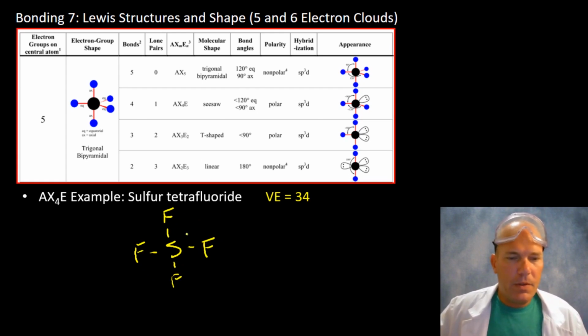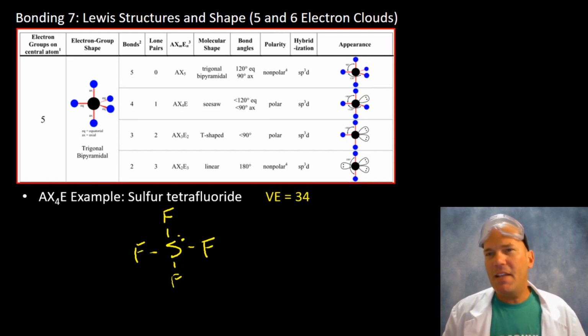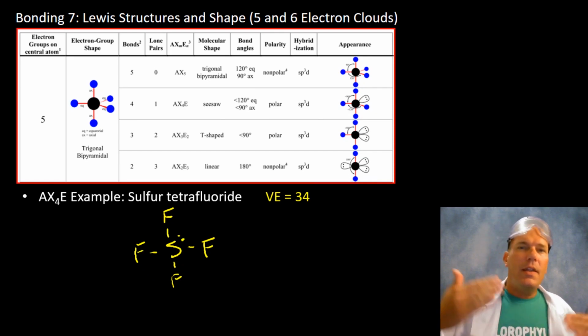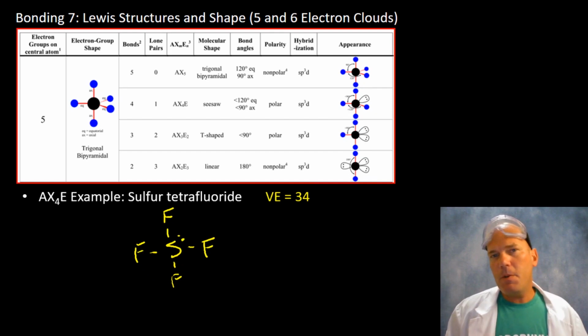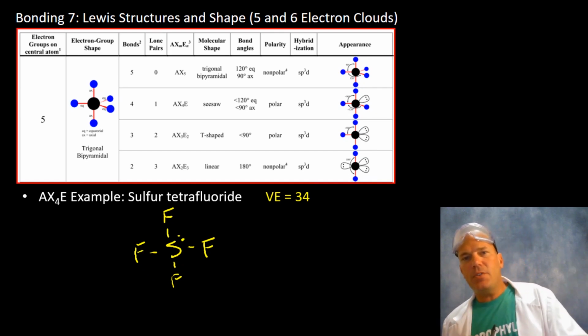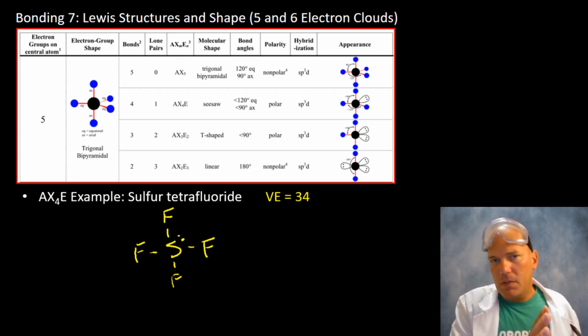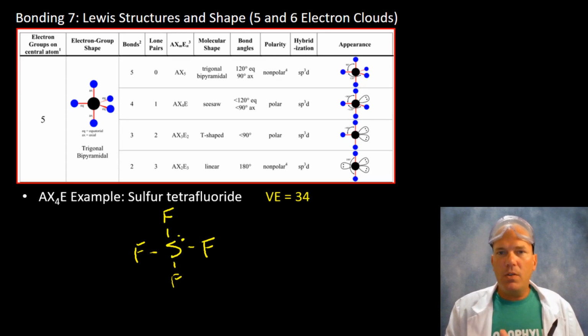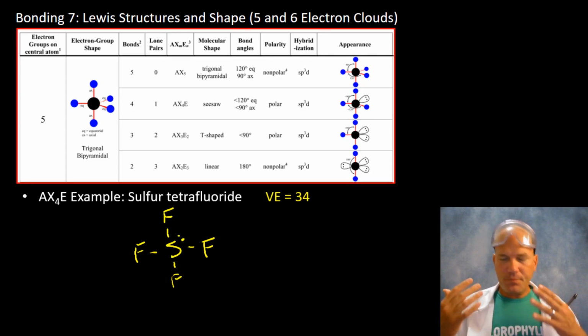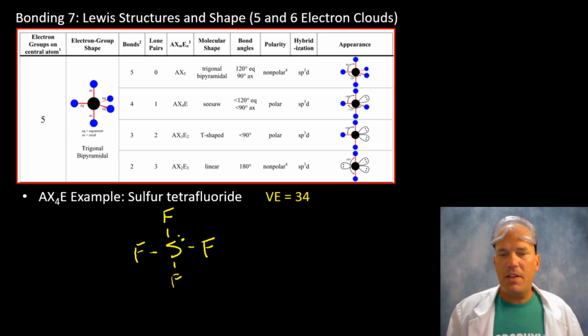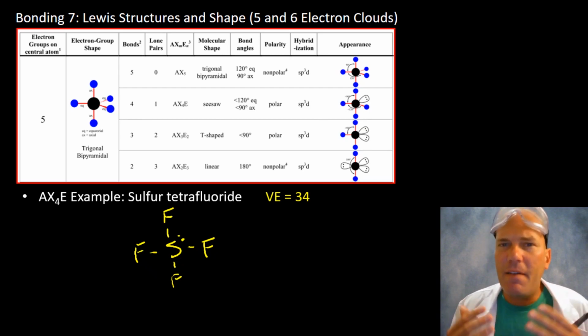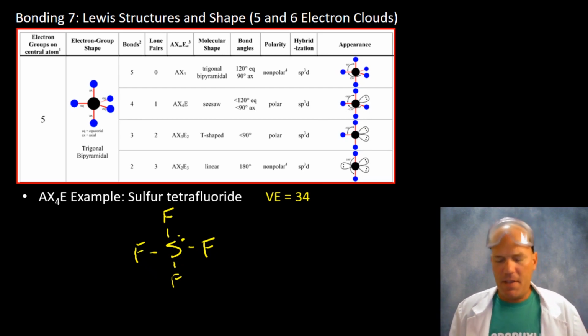When you work through the structure, you're going to end up with an expanded octet, and recall that elements in the 3rd period and beyond can take electrons and push them into the d orbitals, okay? So that can only occur in the 3rd period and beyond. Sulfur is in the 3rd energy level, so it can have this expanded octet of 10.